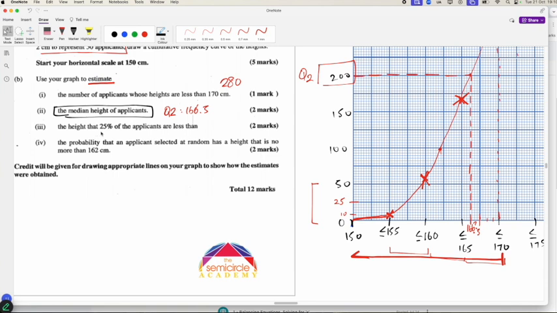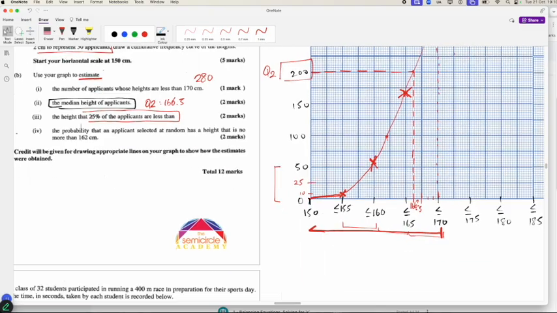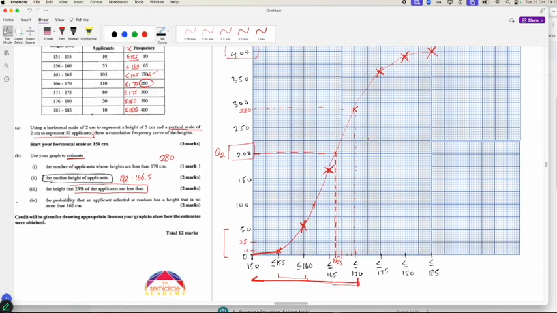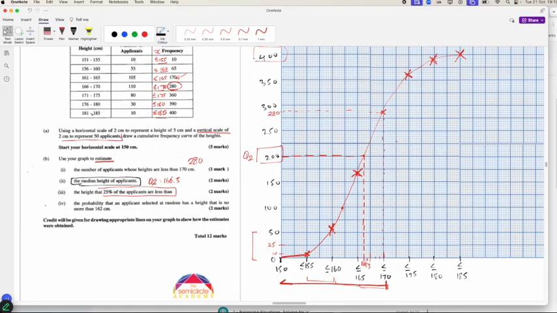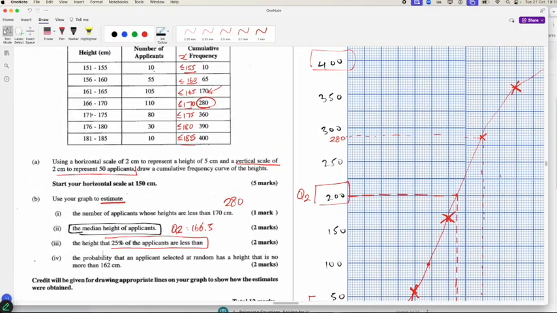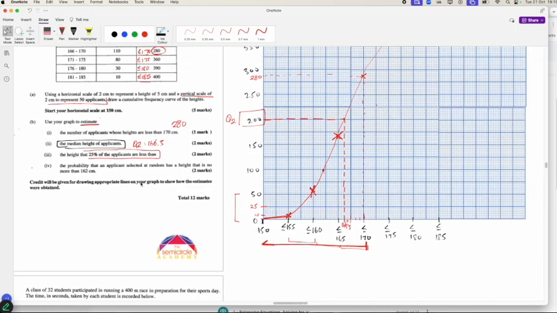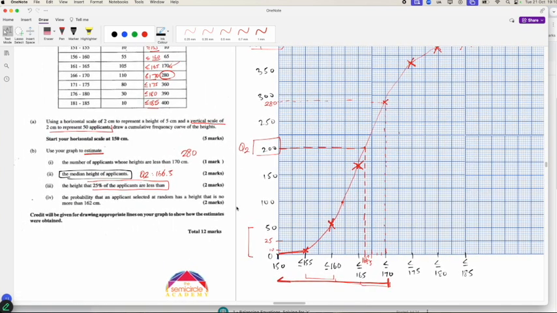The height that 25% of applicants are less than. This is a Q1 question. Q1 is 25% of your total. So the total is 400, so it's 25% of 400 people. That is 100. So my Q1 is 100.